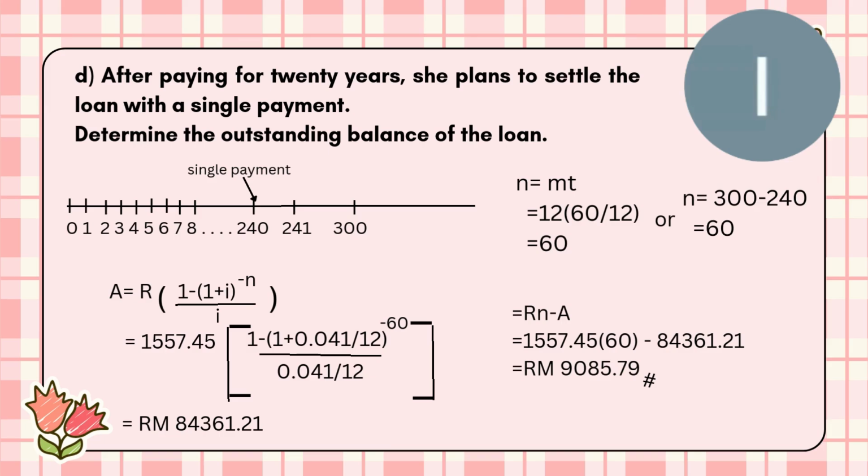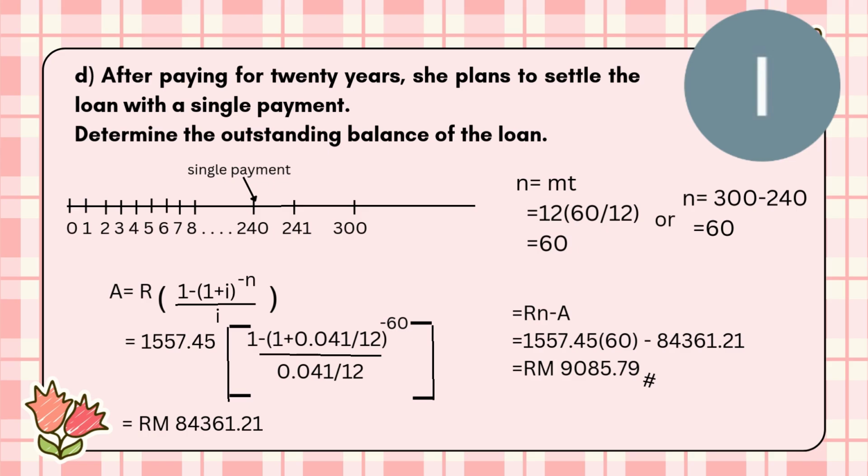For question D, after paying for 20 years, she plans to settle the loan with a single payment. Determine the outstanding balance of the loan. As we can see here, she wants to pay it earlier than it is supposed to be. So we are going to use the formula present value of annuity, which is A. A is equal to R times 1 minus 1 plus interest rate per interest period to the power of negative number of payments over interest rate per interest period.